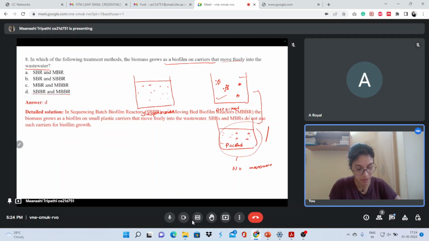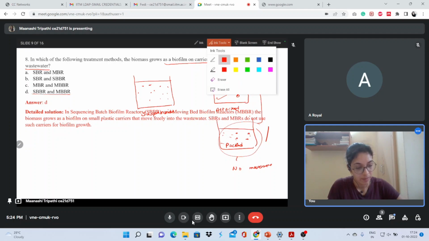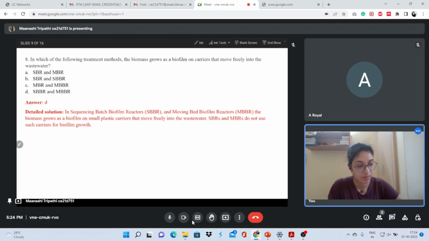SBBR and MBBR. Sequencing batch biofilm reactor. This happens because we add some plastic media or any other media. Plastic media is what we usually use.